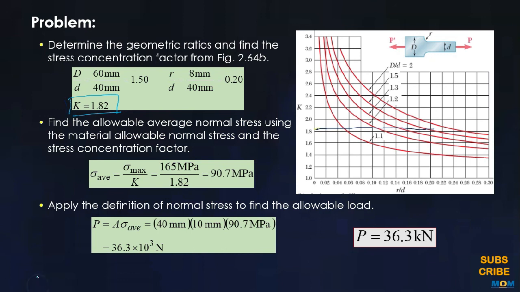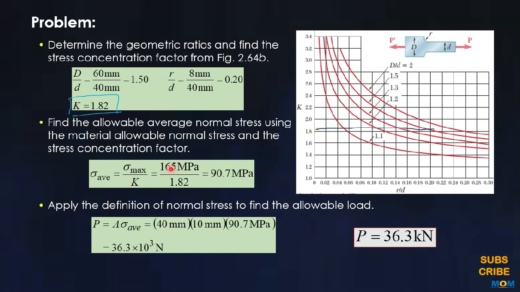Now after that, find the allowable average normal stress using the material allowable normal stress and the stress concentration factor.